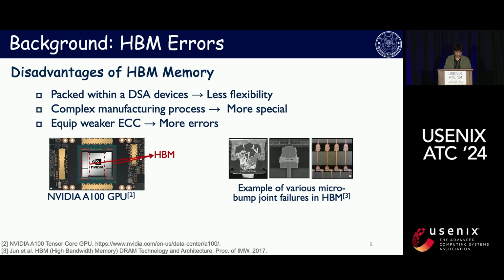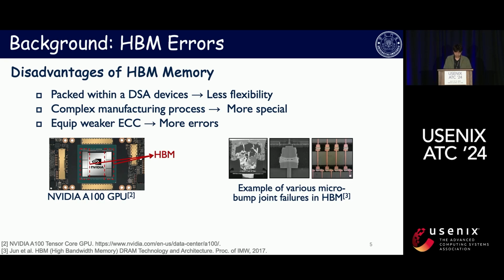However, HBM still faces challenges in large-scale deployment. Firstly, HBM is tightly integrated within DSA devices. For instance, 80 GB of HBM is packed into the NVIDIA A100 GPU, limiting its flexibility.